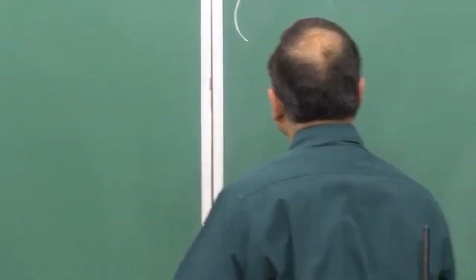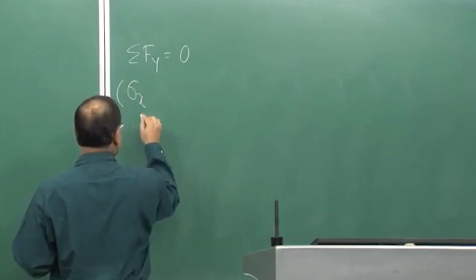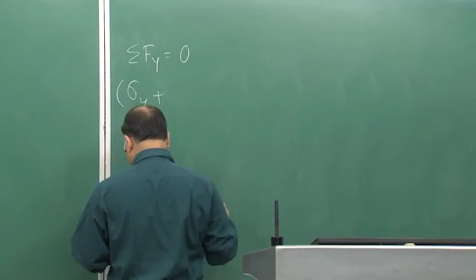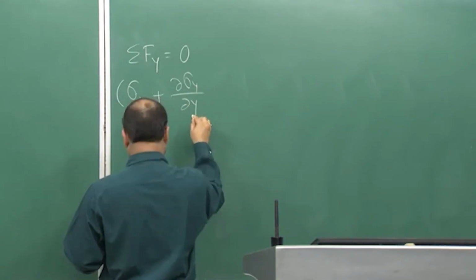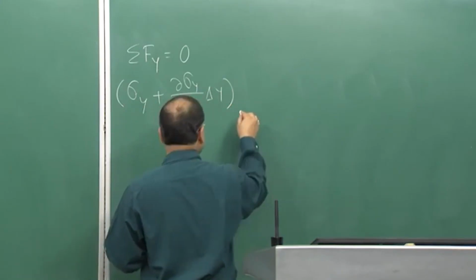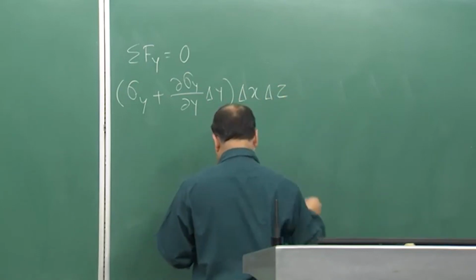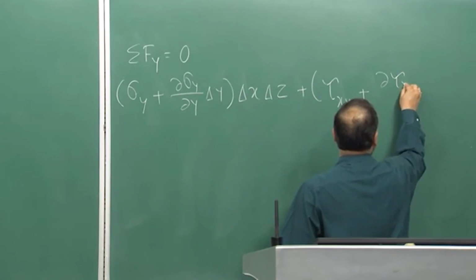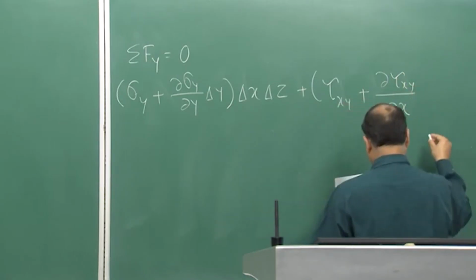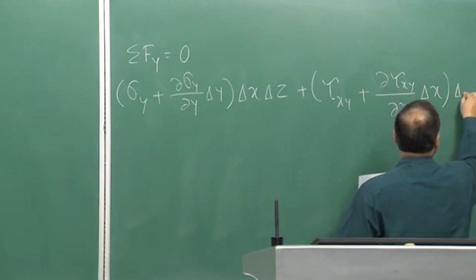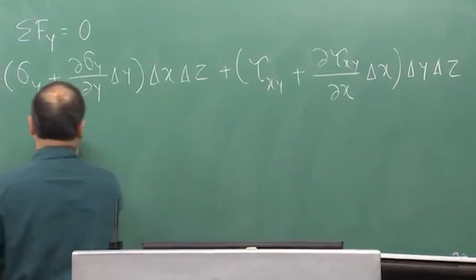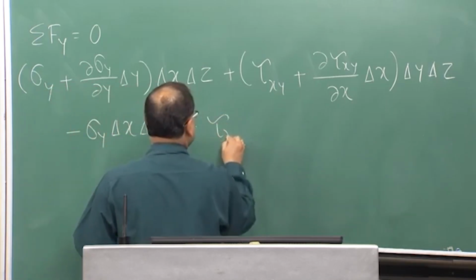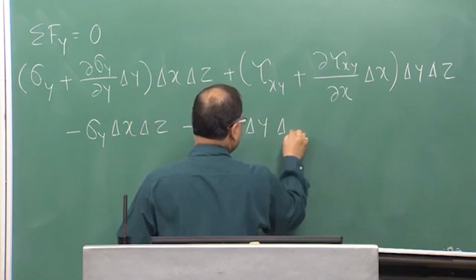Very similar to the previous operation, if we perform the summation, we will get sigma y plus del sigma y by del y delta y, times del x del z, plus tau xy plus del tau xy by del x delta x, times del y del z, minus sigma y del x del z, minus tau xy del y del z.